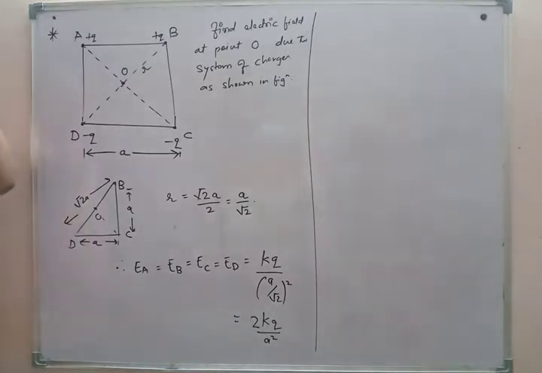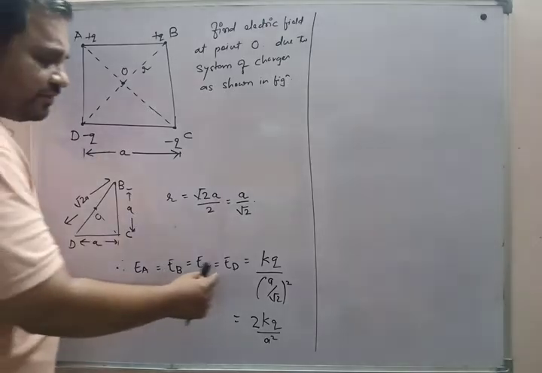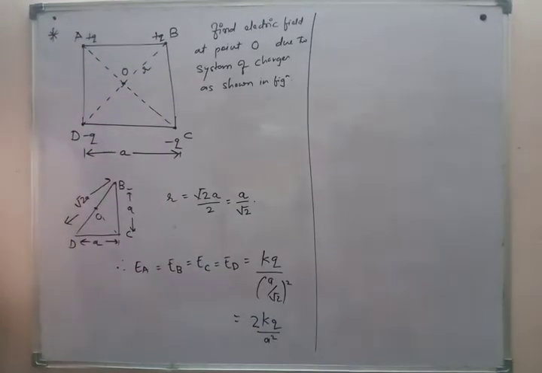But we have to find the resultant electric field at O, so we also have to draw vectors representing the electric fields EA, EB, EC and ED.